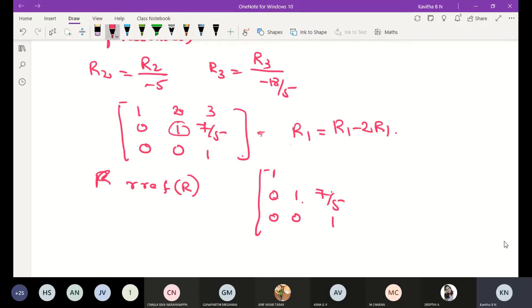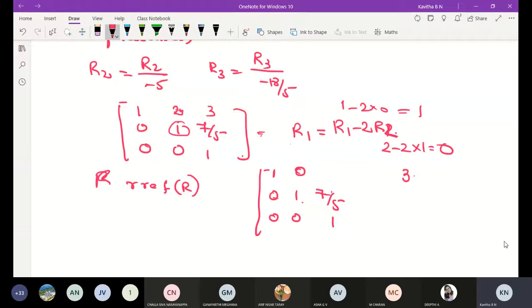Here 1 minus 2 into 0 is 1. The next, 2 minus 2 into 1 is 0, write down 0 here. The next, R1 is 3.